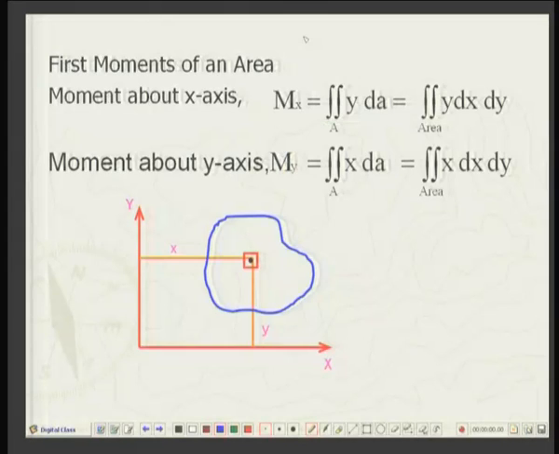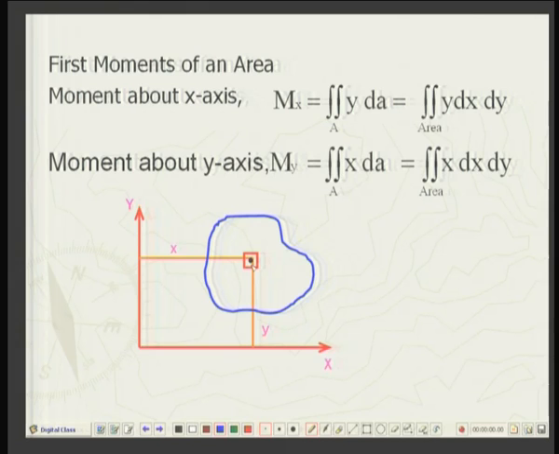To get the first moment of this area or of this figure, suppose we consider a small element of this area of the size dx along x axis, dy along y axis. So, that small area is dx dy. Then from the center of this rectangular area, the distance from the y axis is x and distance from the x axis is obviously y.